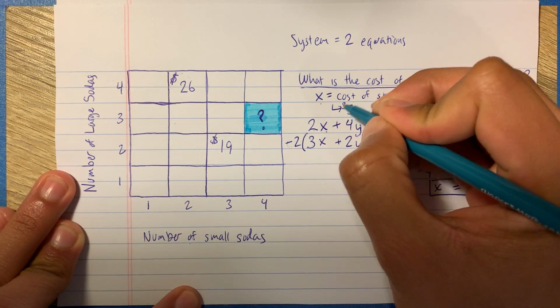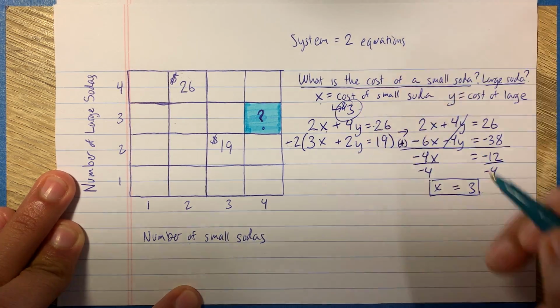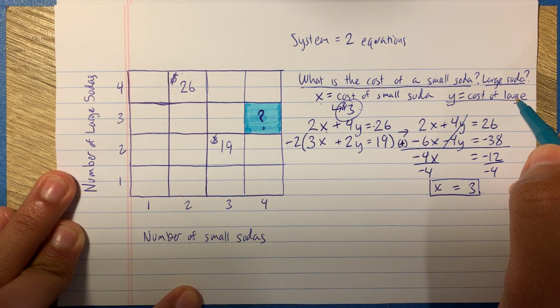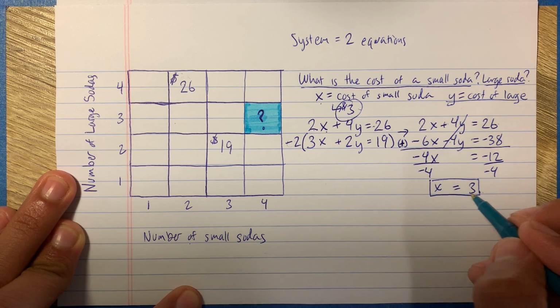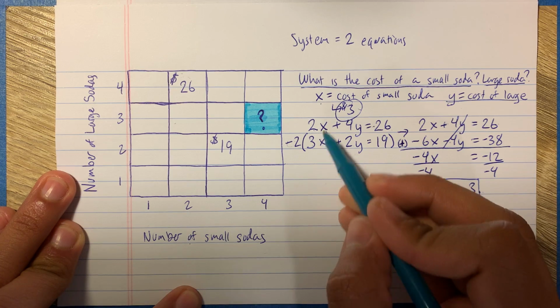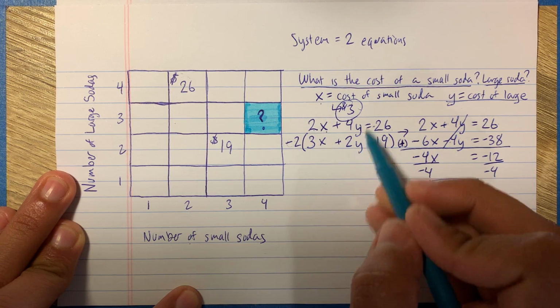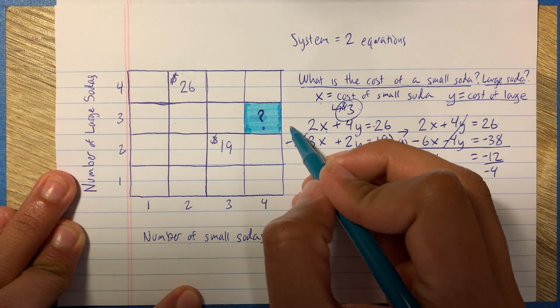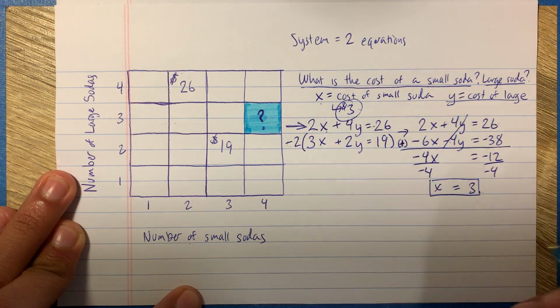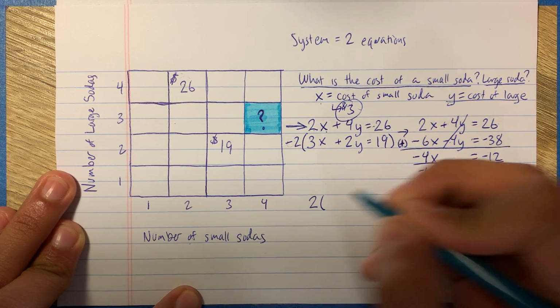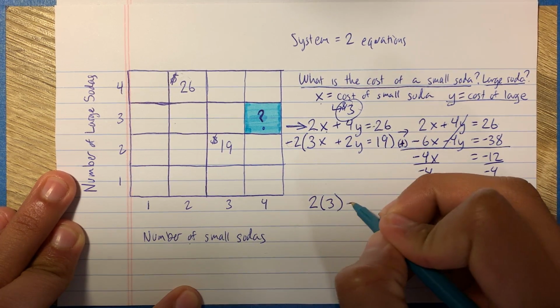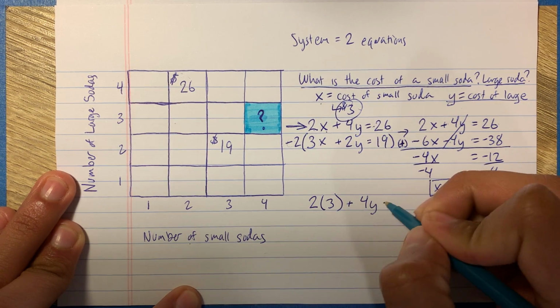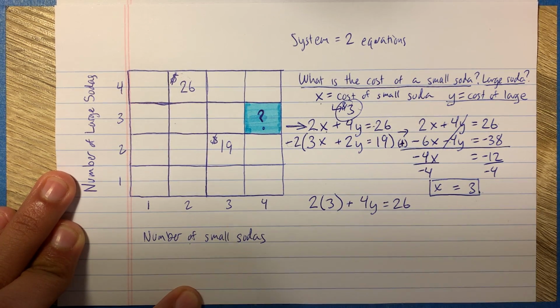This is $3. To find y, the cost of a large soda, I just have to plug this 3 back into one of my original equations. So I'm going to plug it back into this first one here. 2 times 3 plus 4y equals 26.